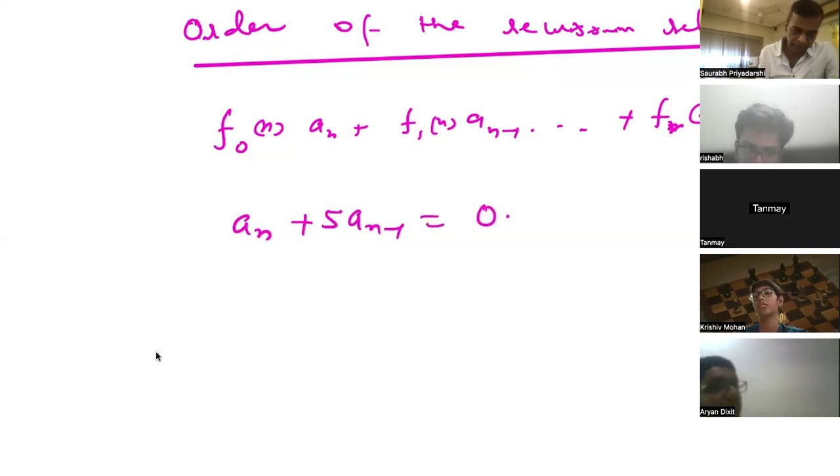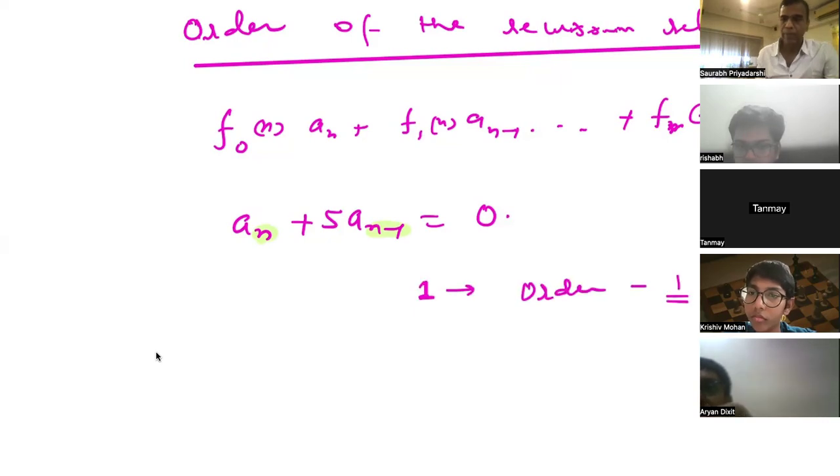See, there are two terms, one is a_n and the second is a_(n-1). The difference of these two, n and n minus 1, this is called the order, right? So if this is coming as 1, this is called order 1.